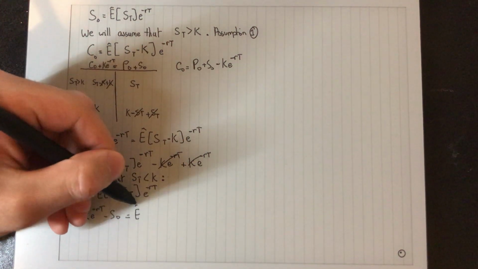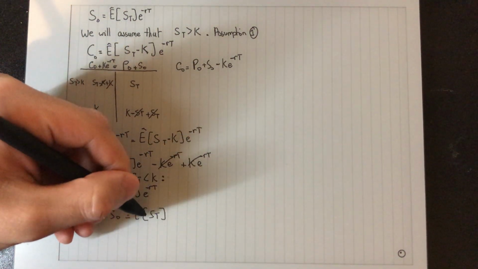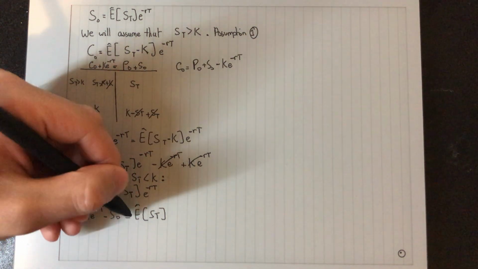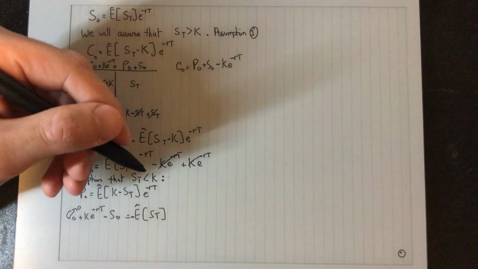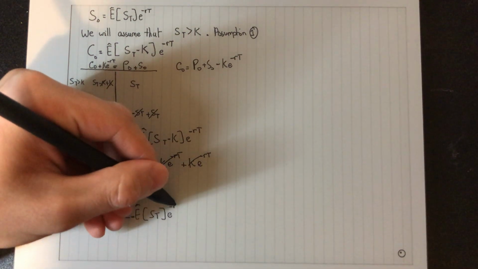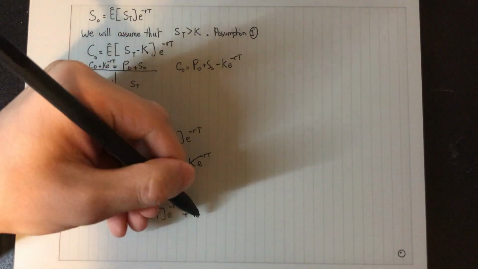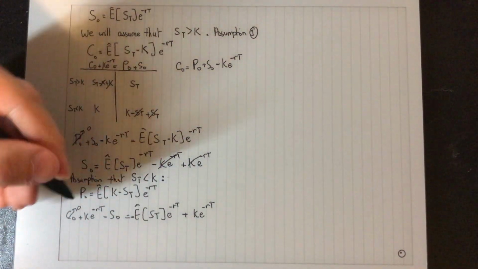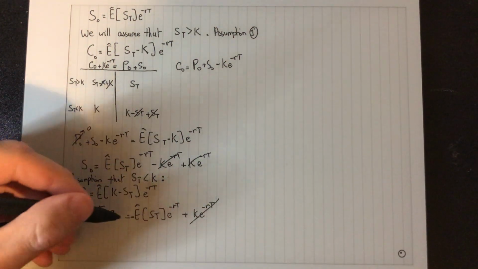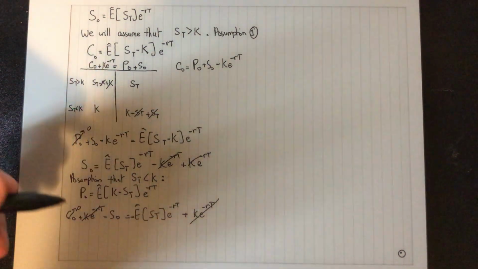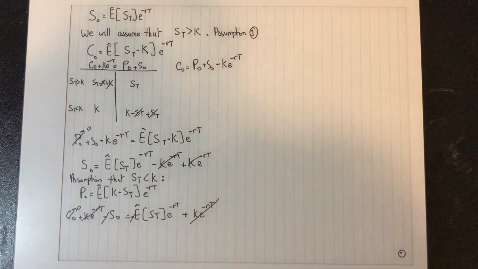And we have it that this is equal to ST, and we're removing the K outside, as well as the negative sign over here. We'll just take it outside the equation. And we would have it equal to e to the power of negative RT plus K e to the power of negative RT. Moving the Ks, they would cancel out, and we'd be left with negative S0 is equal to negative the expectation of this. Cancel out the negative signs, and we arrive at the same equation.